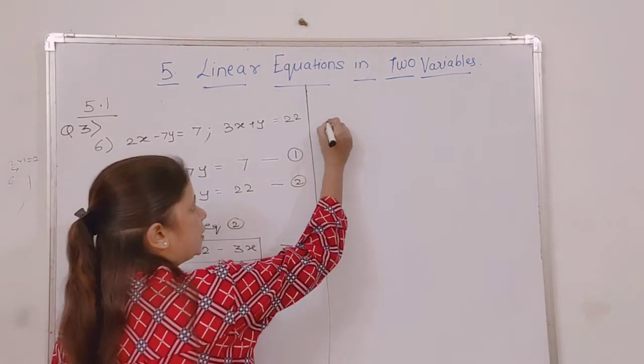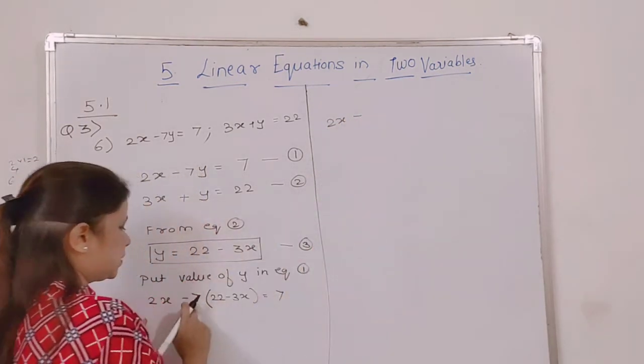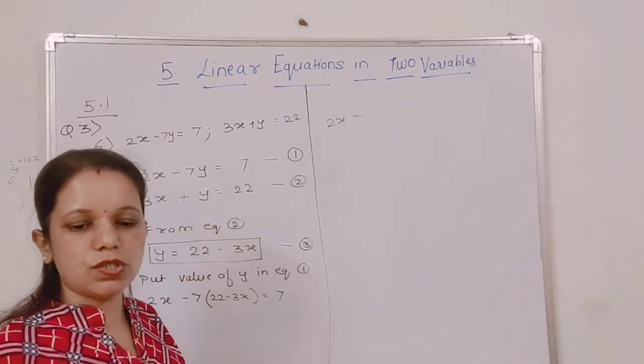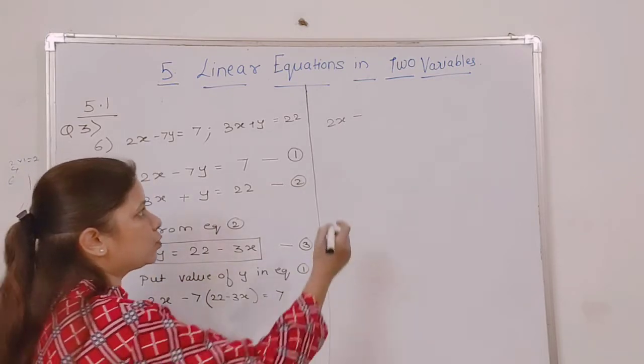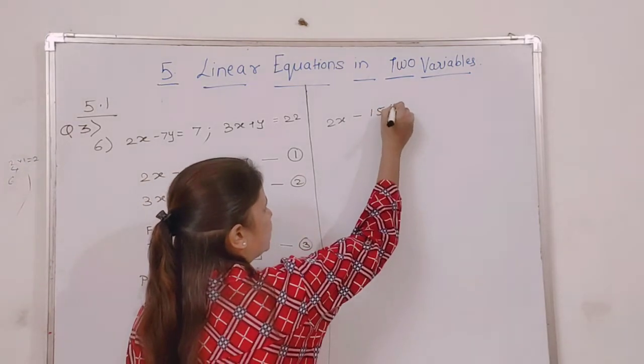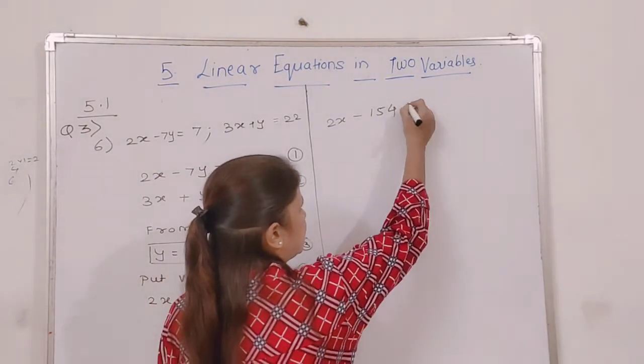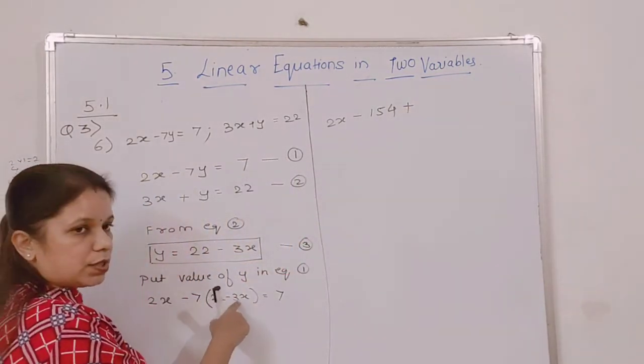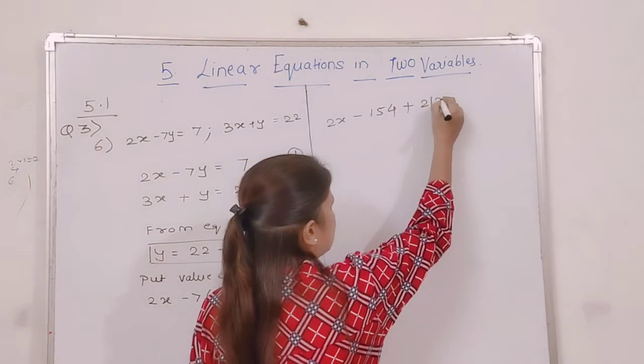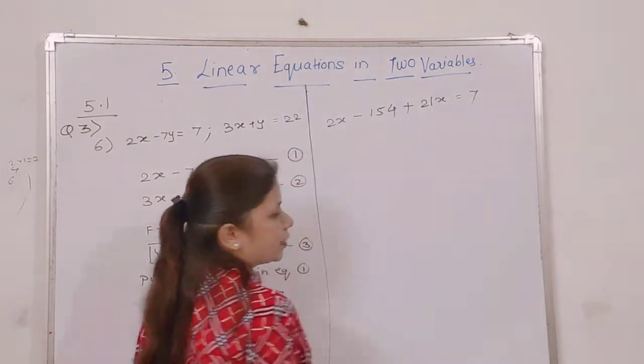So 2x minus 22 into 7 will come out to 154, minus times minus, plus 7 into 3, 21x is equal to 7.